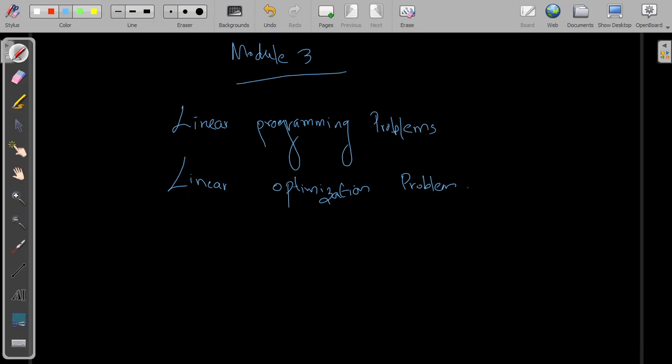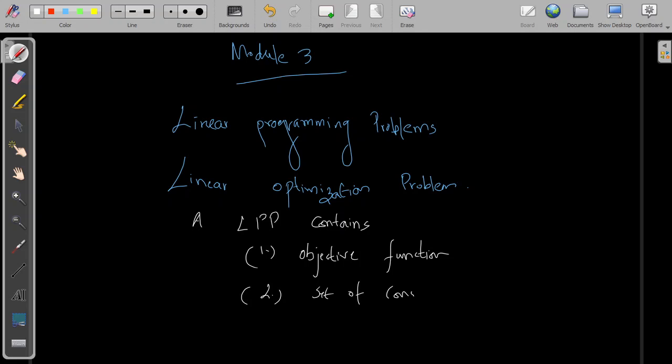A linear programming problem, that is LPP, contains mainly one, like our nonlinear optimization problem, an objective function, and then a set of constraints, which we will discuss in detail.